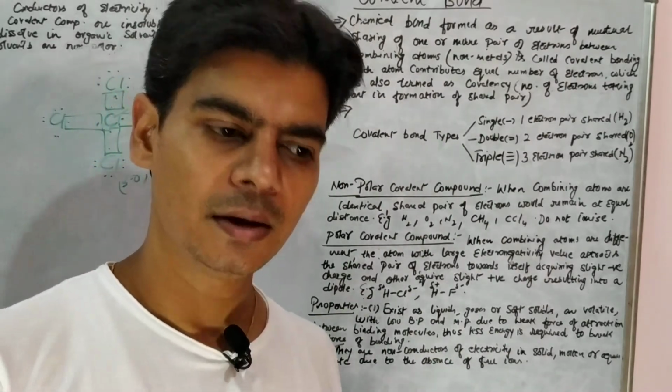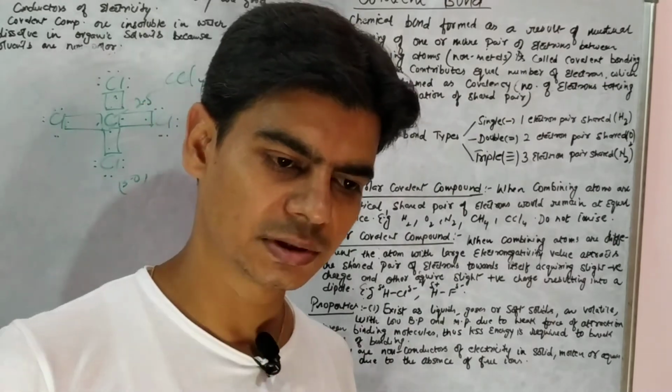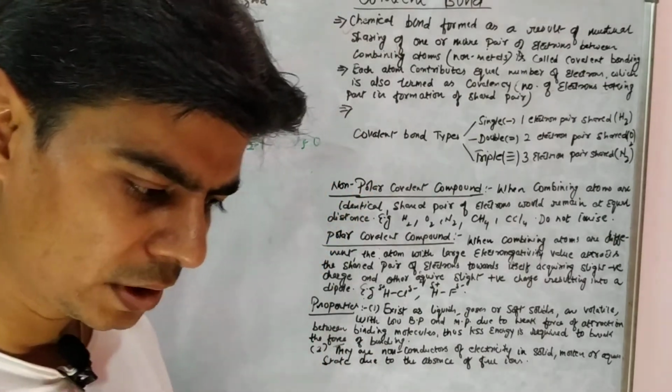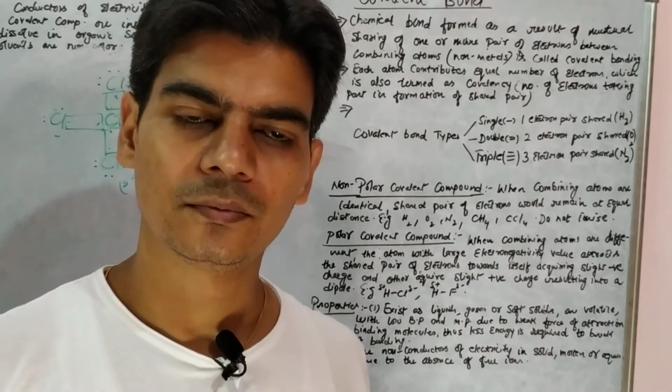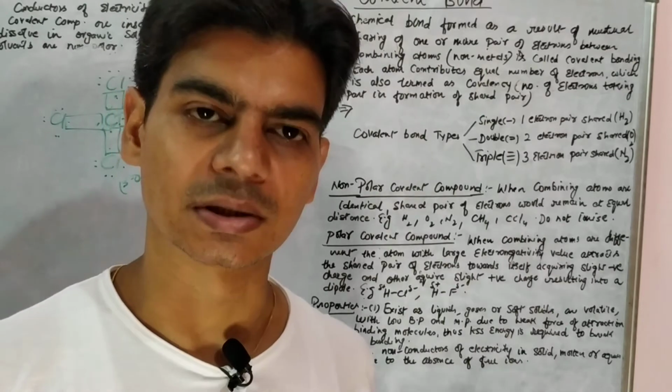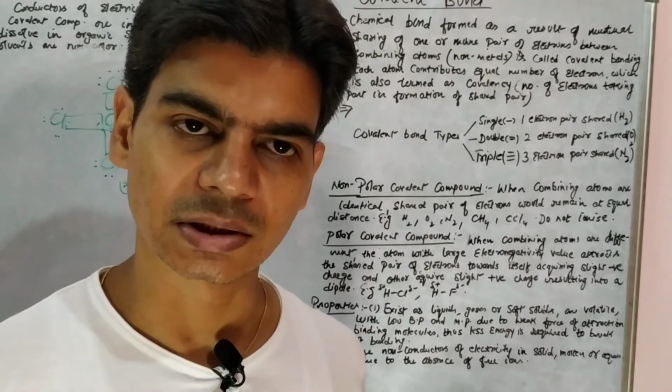That is why we say that carbon tetrachloride is a bad conductor of electricity in solution. Why? Because in water solution, carbon tetrachloride does not dissociate or ionize, right?